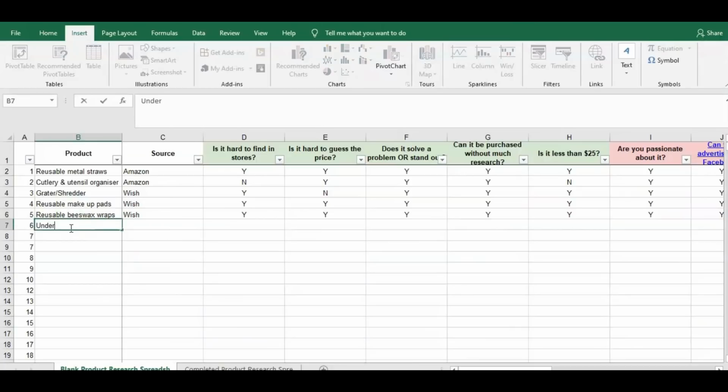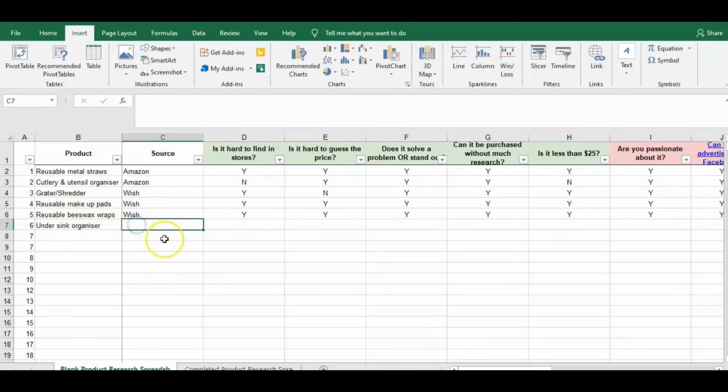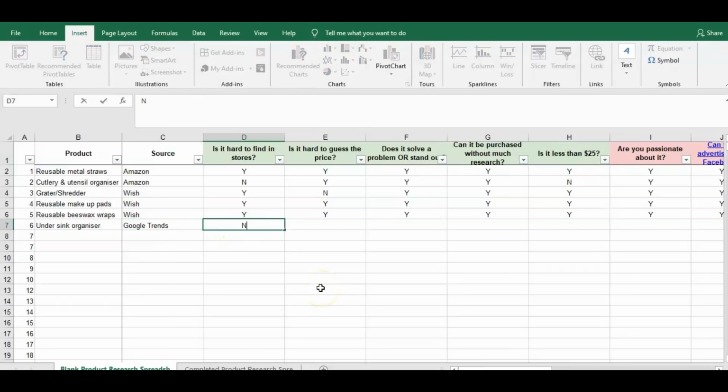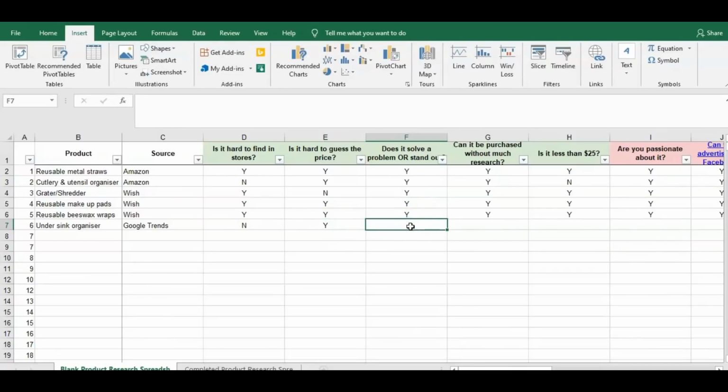Okay, so I'm in my spreadsheet again. Undersink organizer. I'm spelling it with an S because I'm British, and I found that on Google Trends. Is it hard to find these stores? Probably not. You can find it online quite easily. I think it's quite hard to guess the price because there seems to be a massive range, anything from about £8 to £70. It does solve a problem.